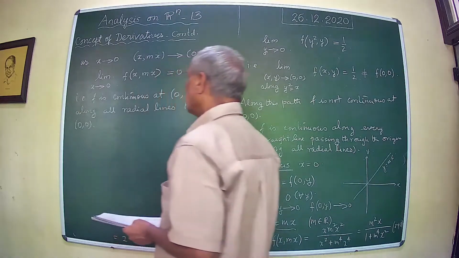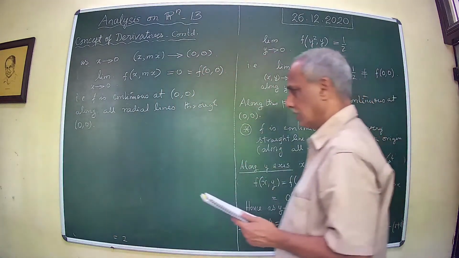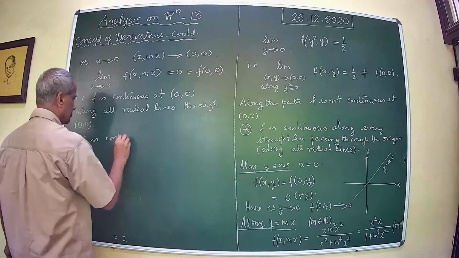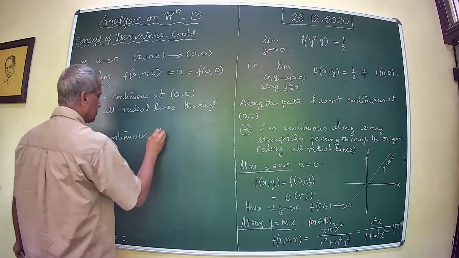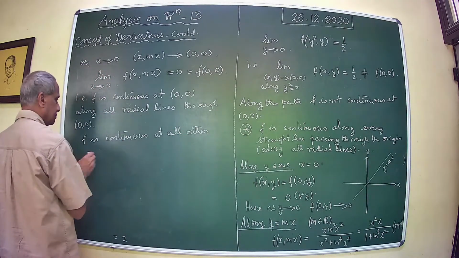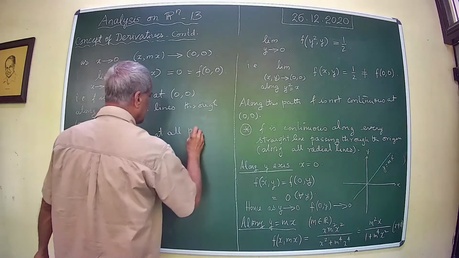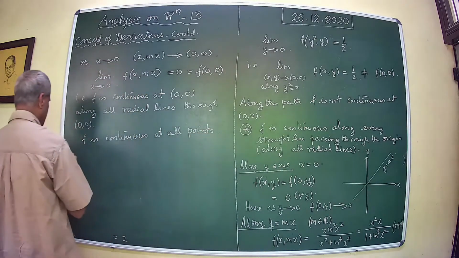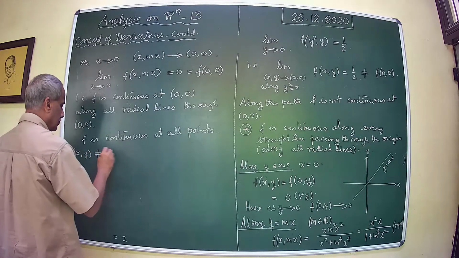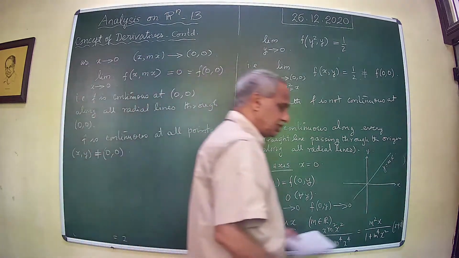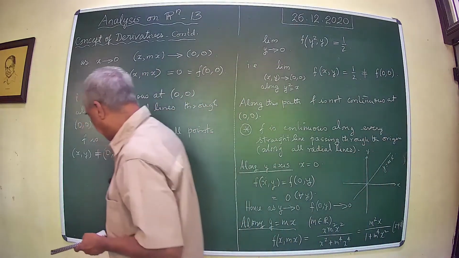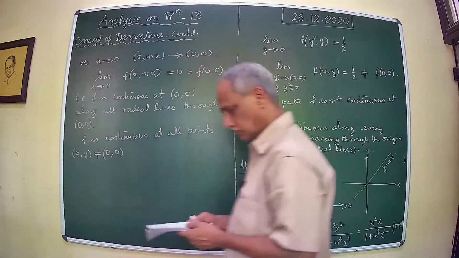So continuity at all other points is there, being the ratio of polynomials, and the denominator is a polynomial that does not vanish anywhere except at 0. That's the reason.